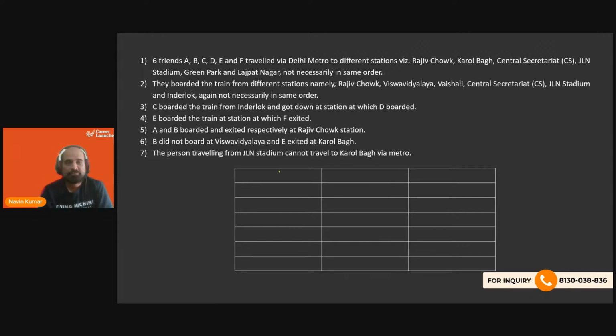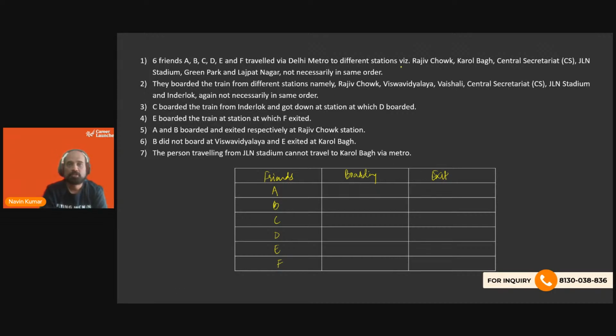So the friends, we will keep them as the primary column, as in we will fill this up already. So we have got A, B, C, D, E, and F. Then the boarding station, and then the station at which they exit.